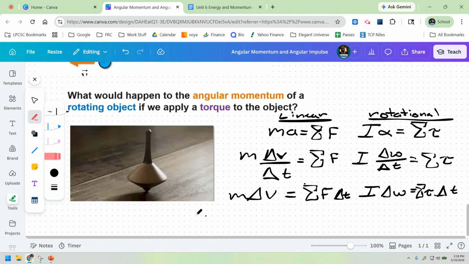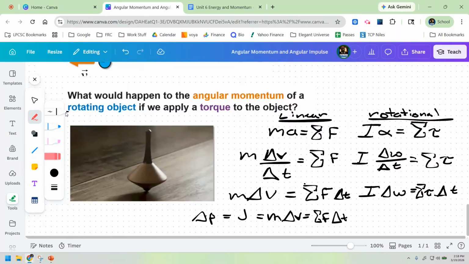And then the last linear thing is that our change in momentum is equal to the impulse J, and that's equal to my mass times the change in velocity, which is equal to the sum of all the forces times delta t.